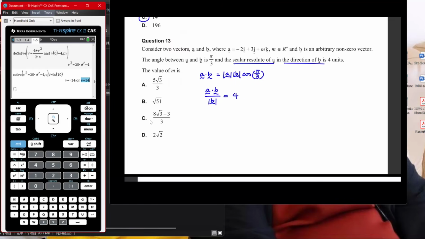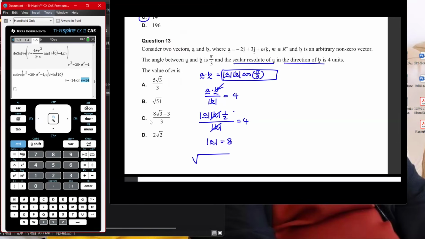Just notice you can replace this bit here. So you actually get magnitude A, magnitude B, cosine pi on 3. We can just write the half here, divided by magnitude B, equals 4. Eventually, it turns out the B's cancel, and I should be able to get magnitude A equals 8, something along this line.